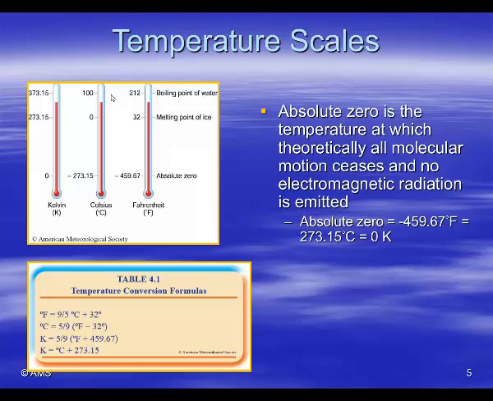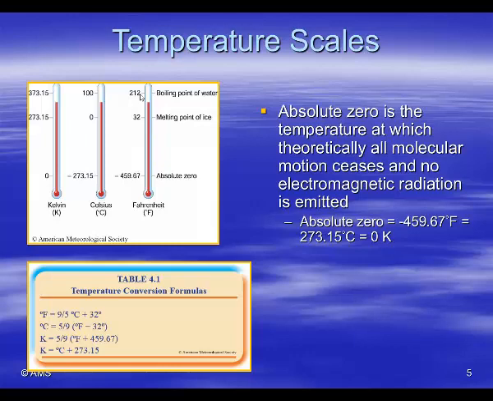The Fahrenheit scale is also based on the melting point of ice, which is 32 degrees, and the boiling point of water, which is 212 degrees. It's also loosely based on body temperature. We know that our body temperature is about 98.6 degrees.